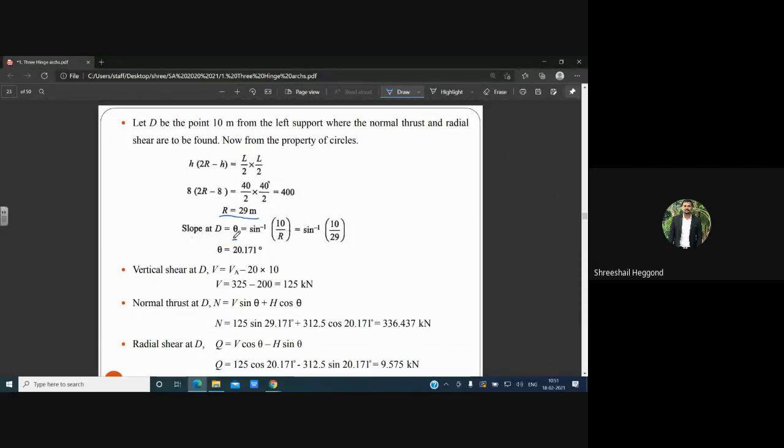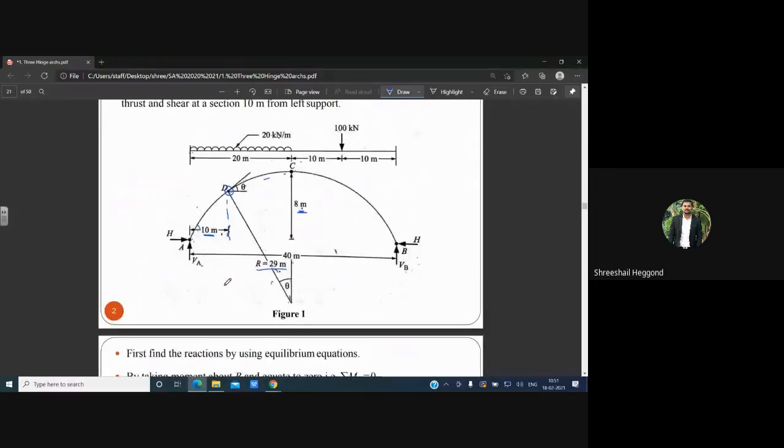If you want to write the vertical reaction at this point, at D point, this UDL is already there. The summation of Fy you can write, that is equal to 0, and that can be calculated as VA is already calculated as 325. In the previous class we have calculated 325.